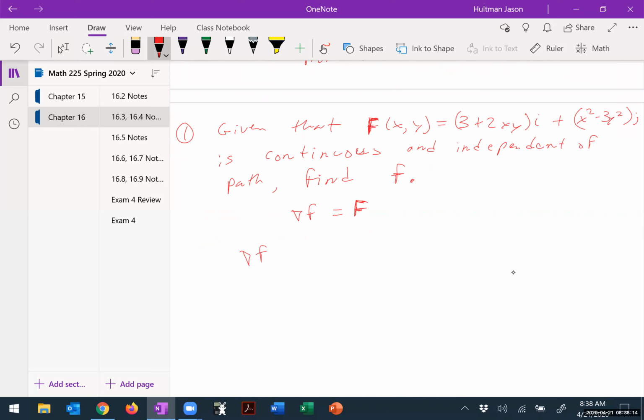Del f would be equal to f sub x, the partial with respect to x, i, plus the partial with respect to y, j.